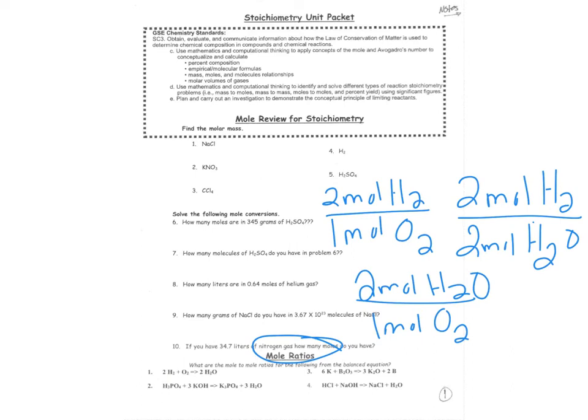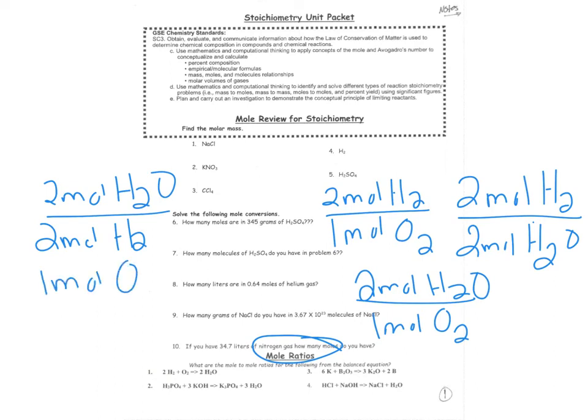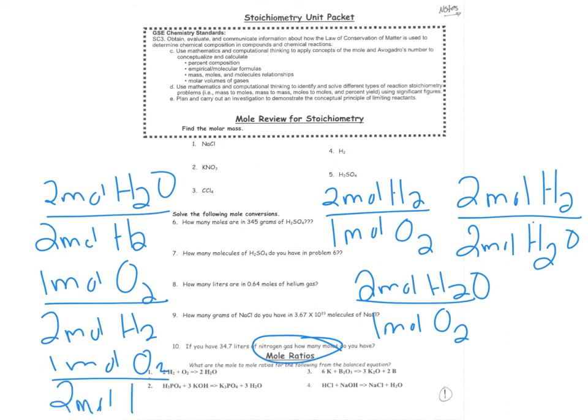For every 2 moles of water, I will make 2 moles of H2. For every 1 mole of oxygen, I will make 2 moles of H2. And for every 1 mole of oxygen, I will make 2 moles of water. So as you can see, out of that little tiny reaction, there's a lot of mole ratios.